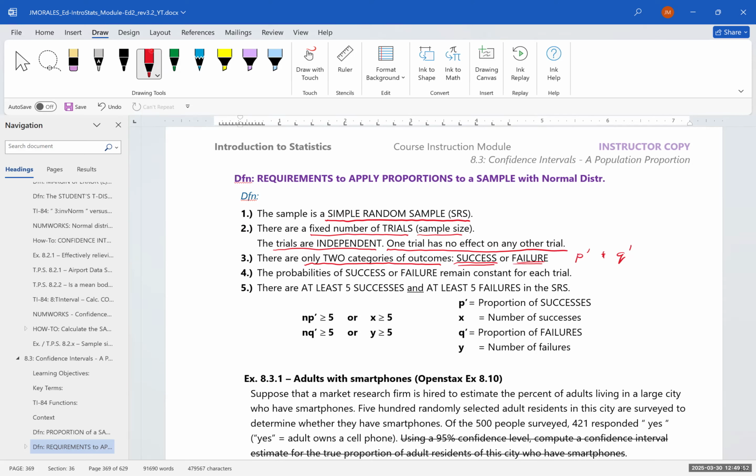And there are at least 5 successes and at least 5 failures in the simple random sample. So basically, the number of successes has to be at least 5, and the number of failures has to be at least 5.